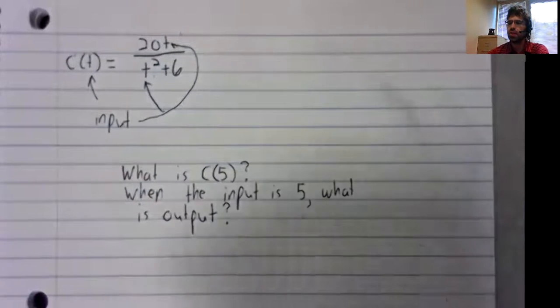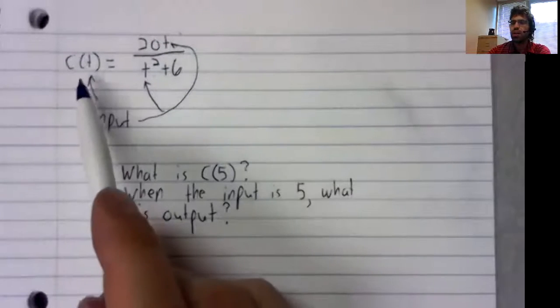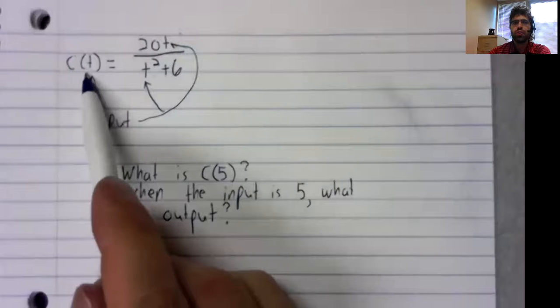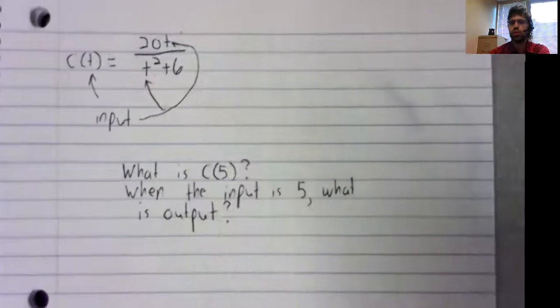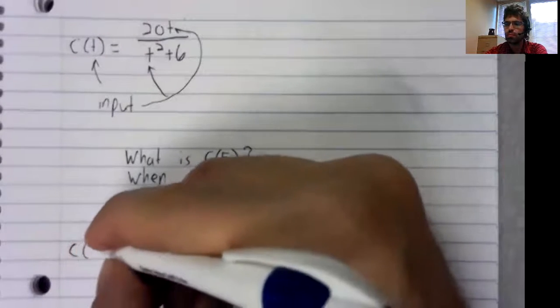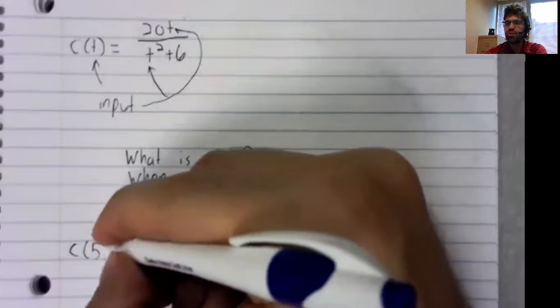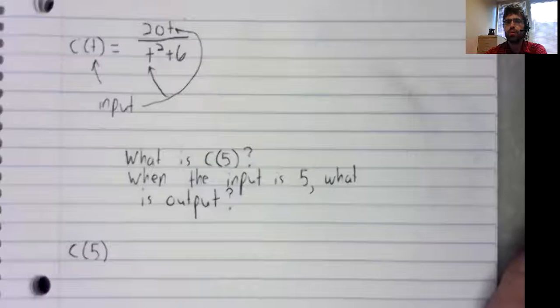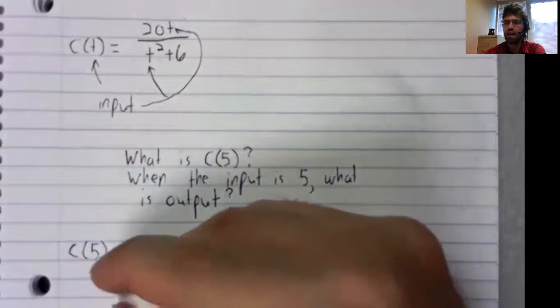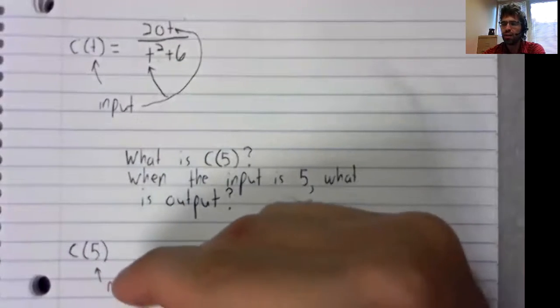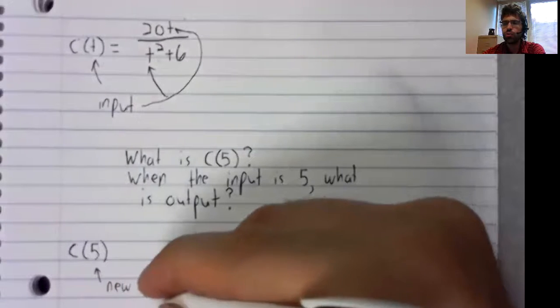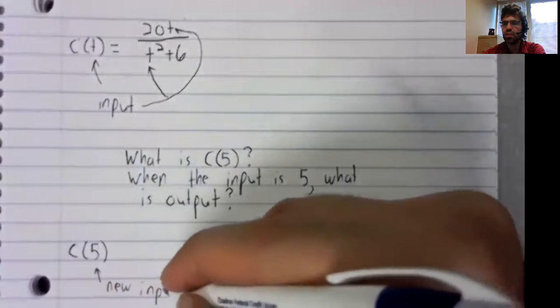So here's the way this works. The input appears on the left, and the input appears on the right. We've replaced the input t on the left with 5. That's our new input.